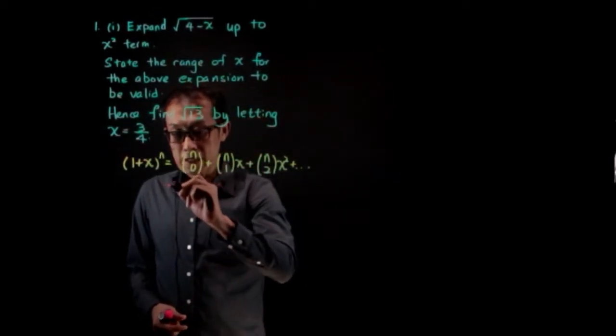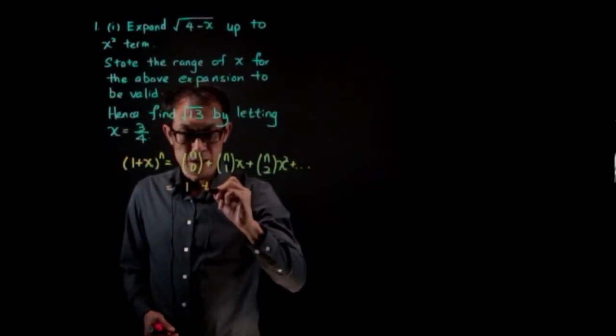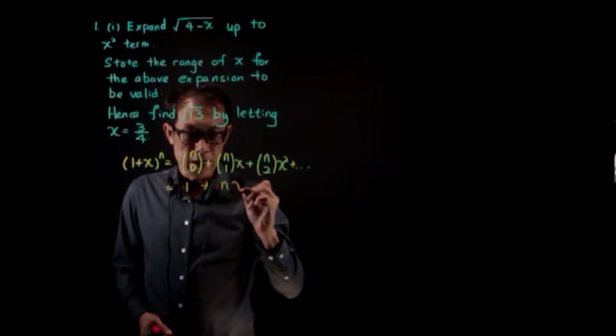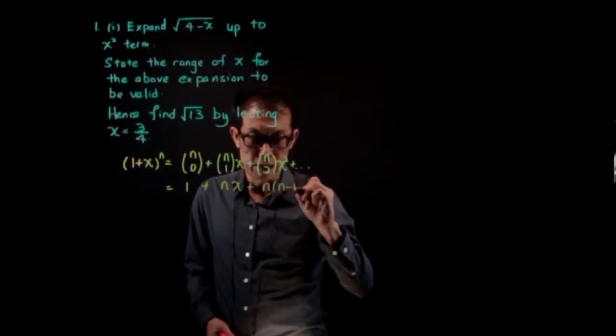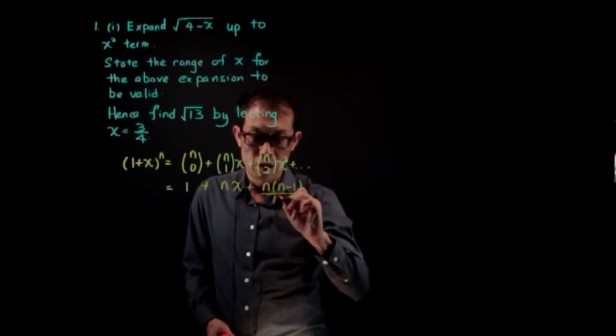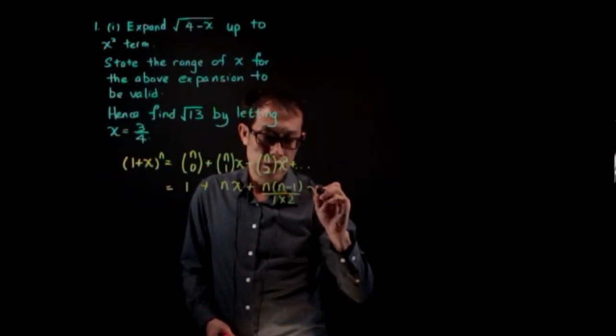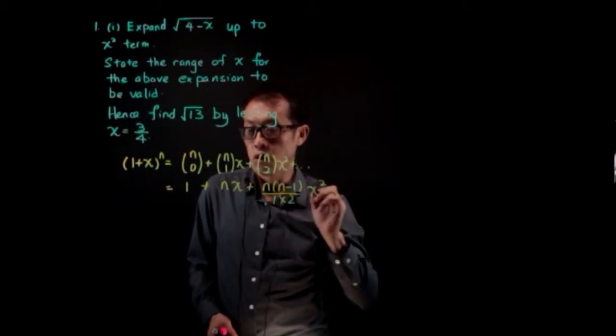Now if you expand, this will be 1, this is nx. This part will be n into n minus 1 over 1 times 2 into x squared, and so on and so forth.